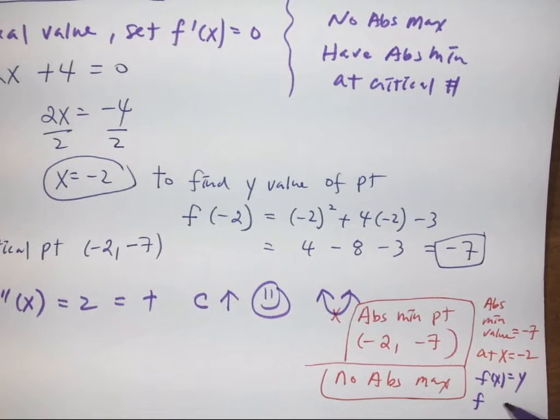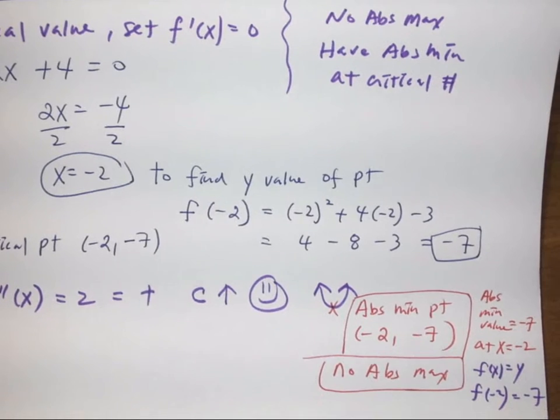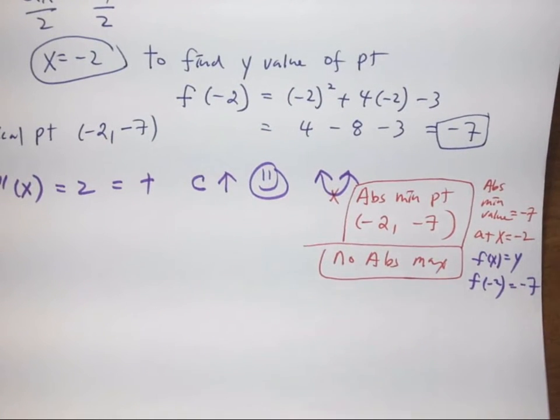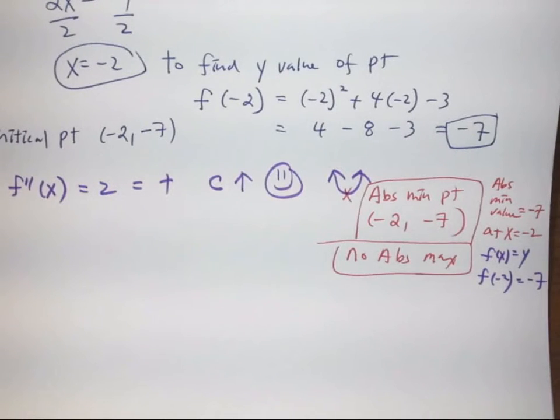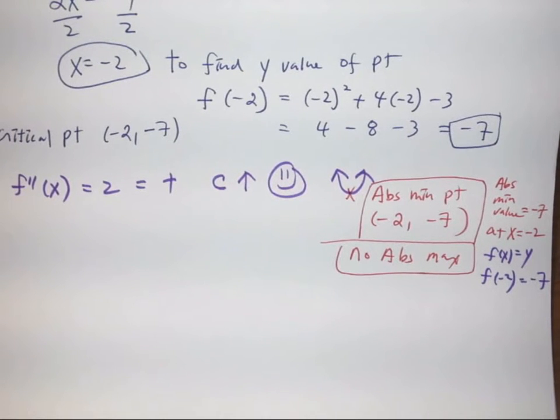Then it would be f of -2, my x, equal to my y, which is -7. I don't remember how your book writes it, but these are all the options you can have. So this is one of the examples. Let me see if I can zoom out. Sorry about that. Okay, I think that's the maximum I can do.